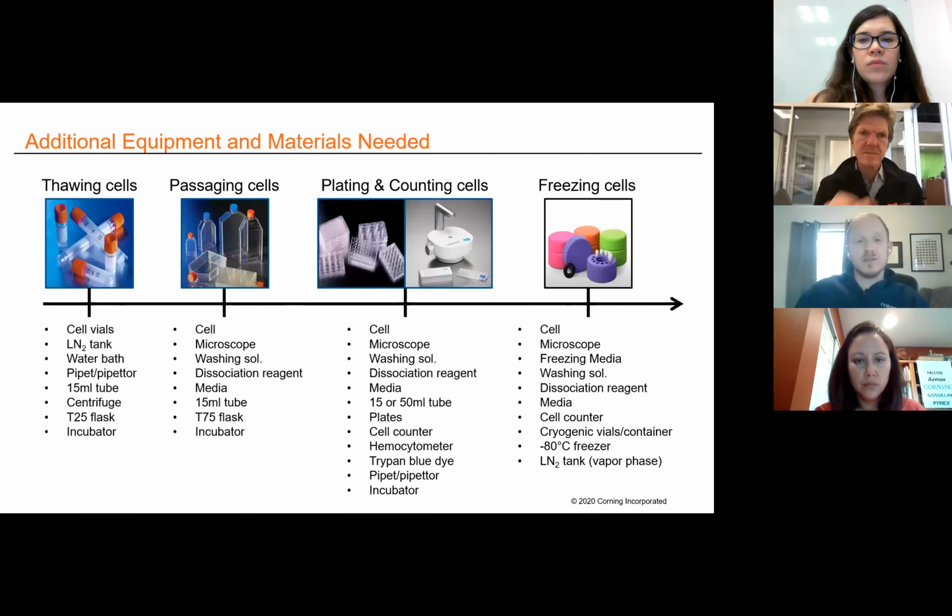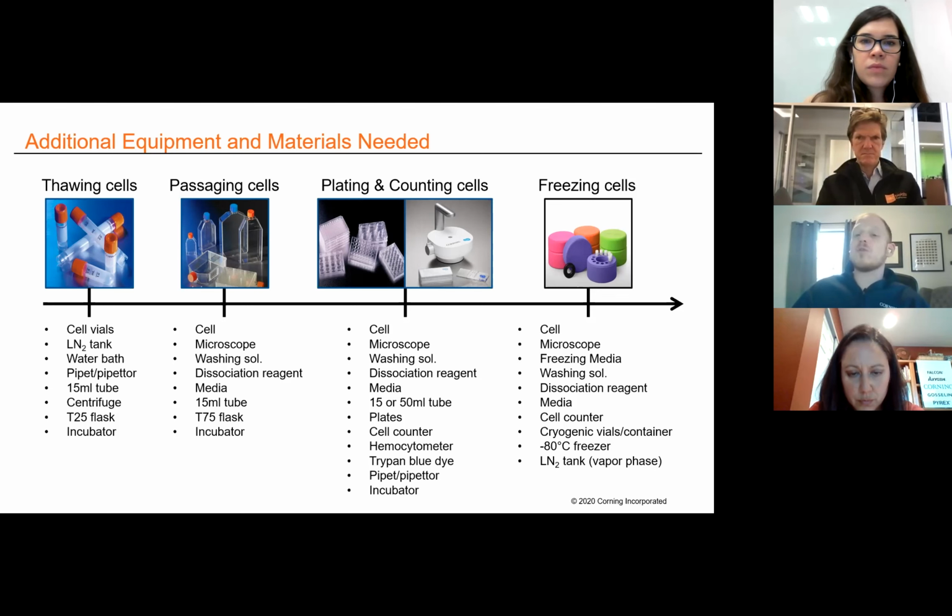In addition to the vessels, there's a variety of other equipment and materials that are needed. These include things like vials, water baths, liquid nitrogen tanks and freezers, consumables such as tubes and pipette tips, an incubator, of course, as well as reagents. I just throw this list up here to use as a reference.